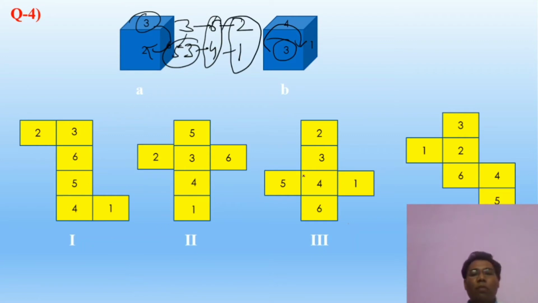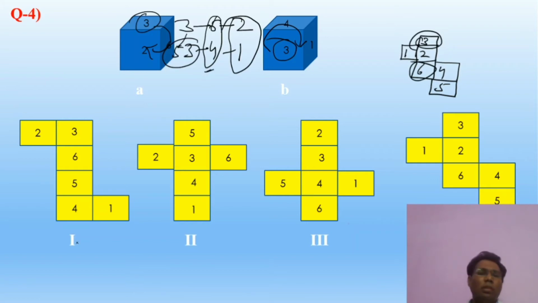So while solving this, we have to check. This figure I am drawing here for your convenience. Opposite to 3 is 6, but it is not matching here, so this is wrong.